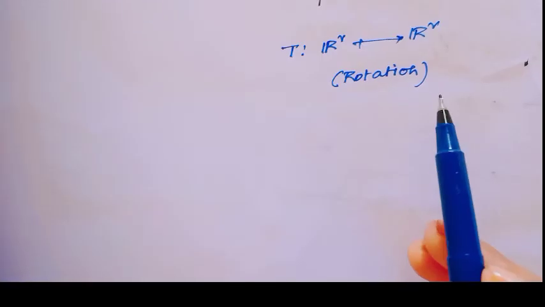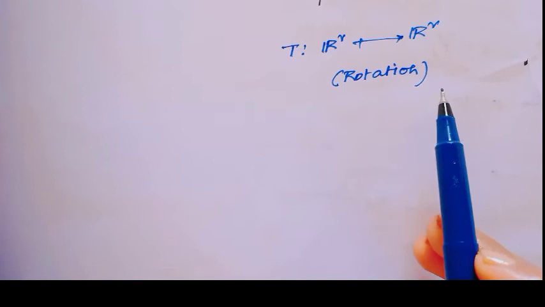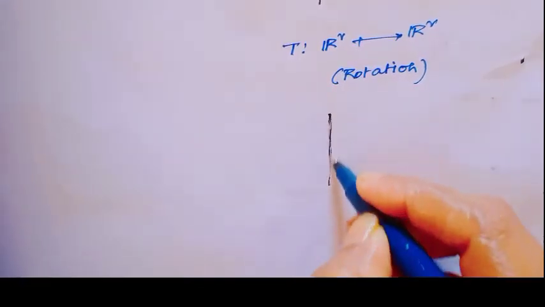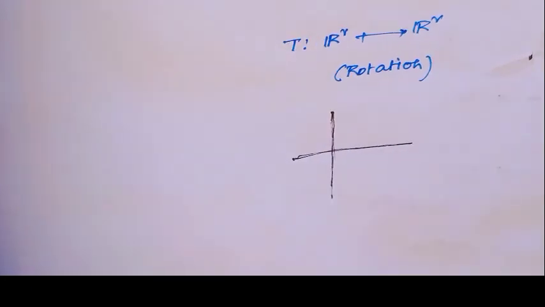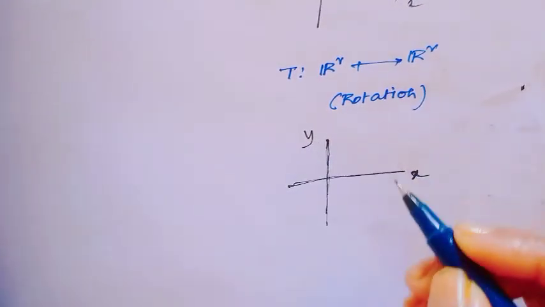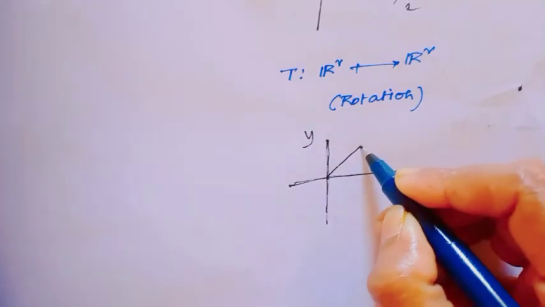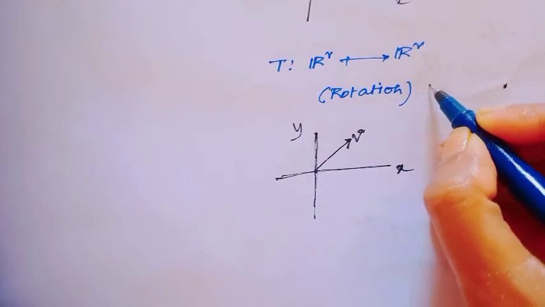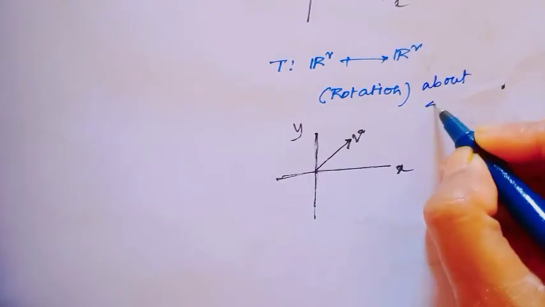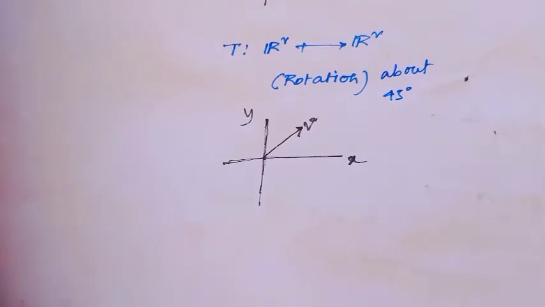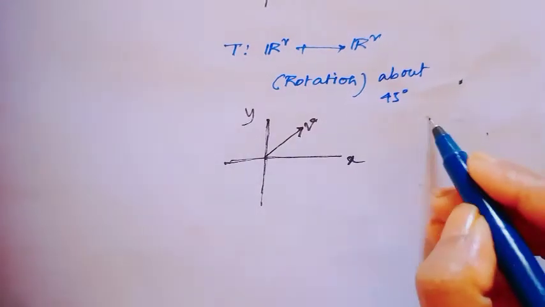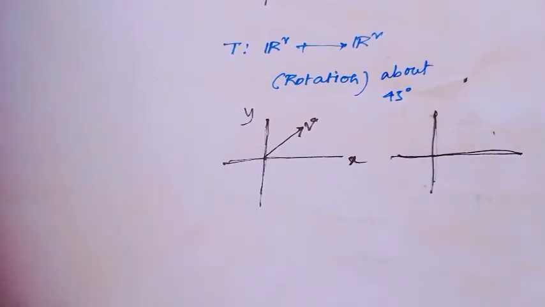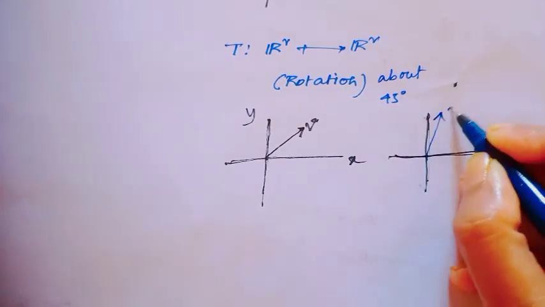Next example, rotation. Similar to before, consider R2. Consider this is the x, this is the y axis, and consider the vector v. Consider rotation by a 45 degree angle. Then after transformation with the 45 degree angle, TV would be such type.